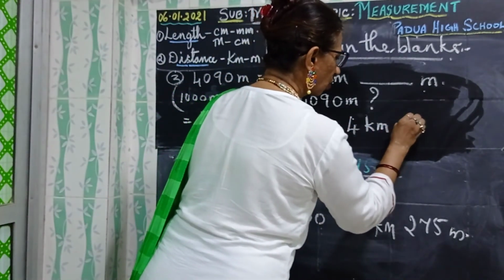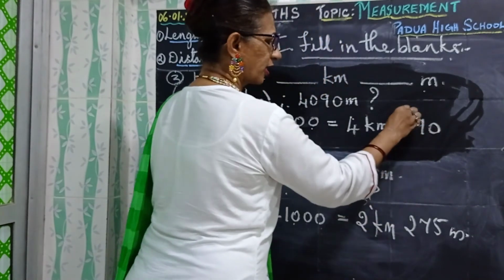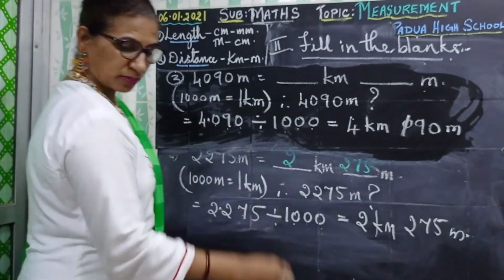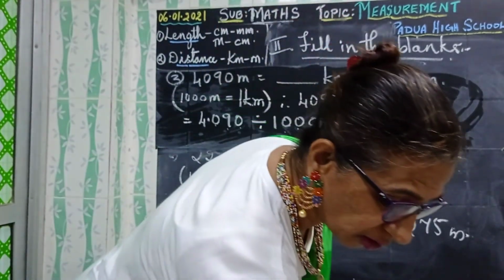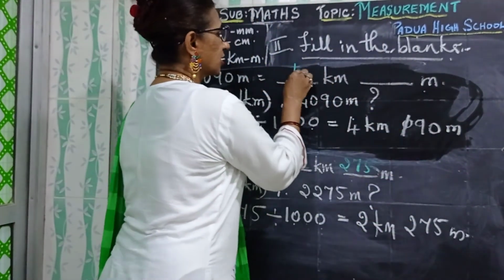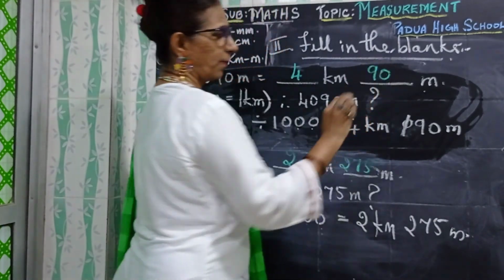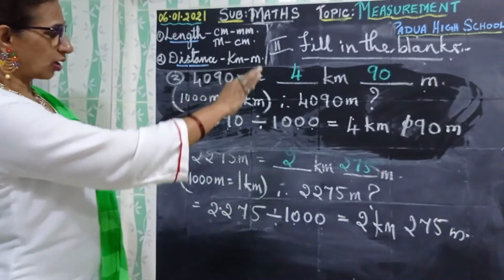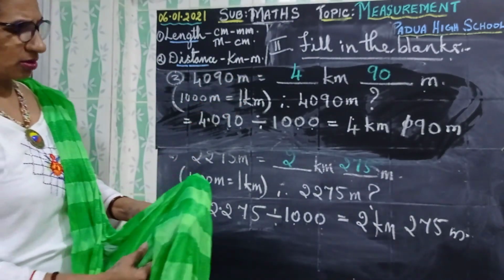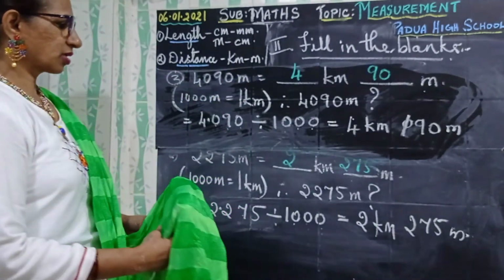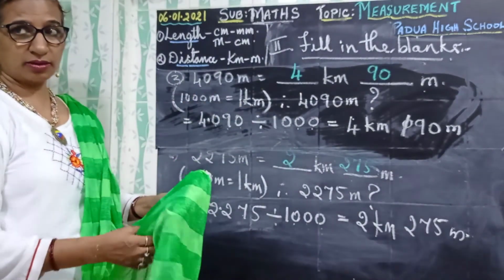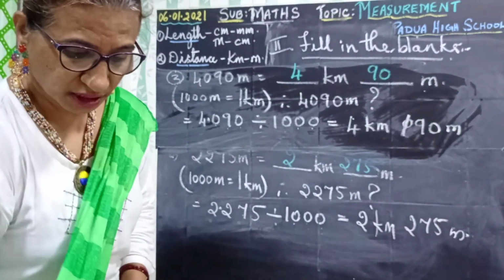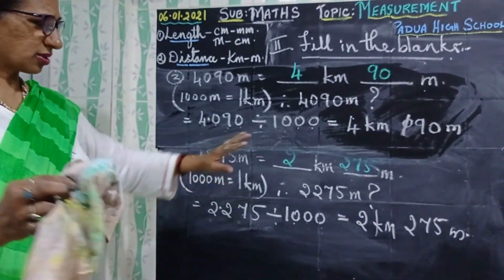So 0 जो होता है, ये 0 ये कट होएगा के सामने आ गया ना, तो 90 meters. So what my answer is here, 4 kilometers and 90 meters. Is that clear children? Okay, so that is how your sums are. Okay, so please see children that you do this properly. So see that children you do this properly, and this ends here.